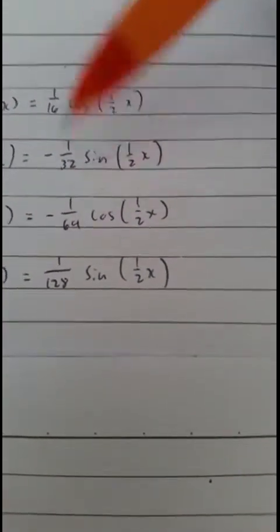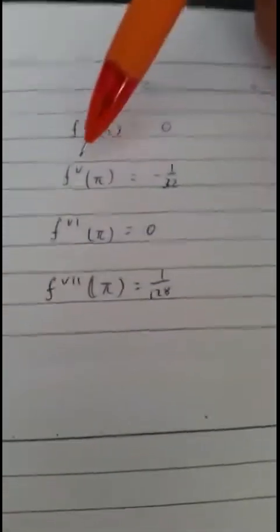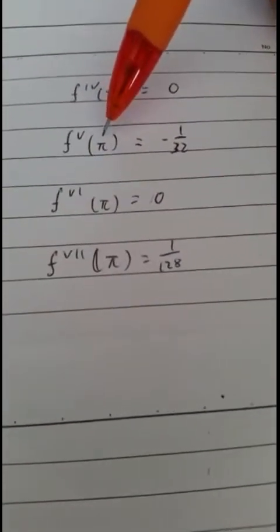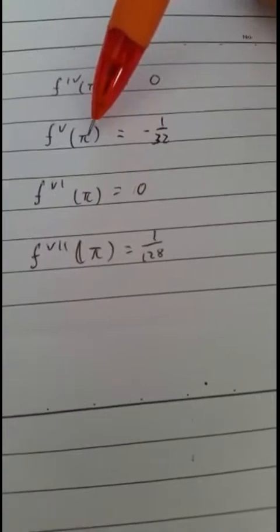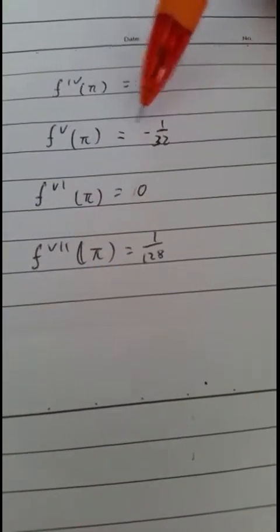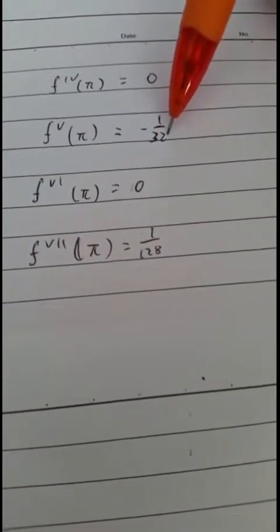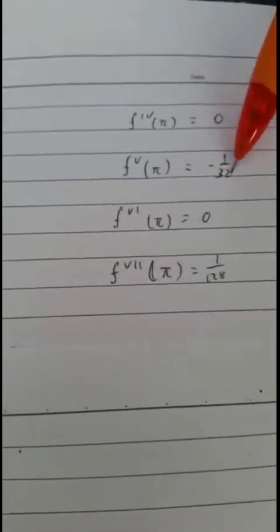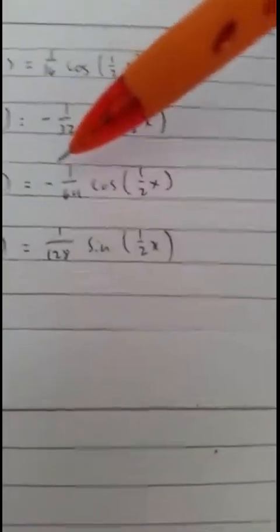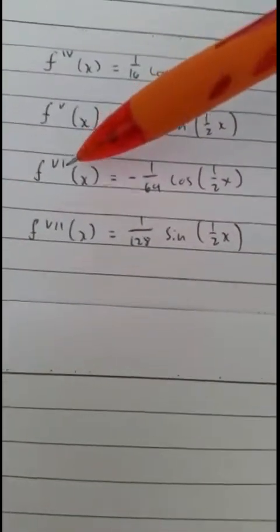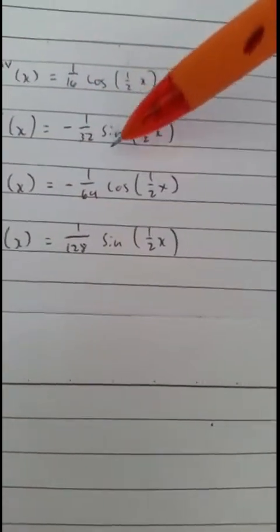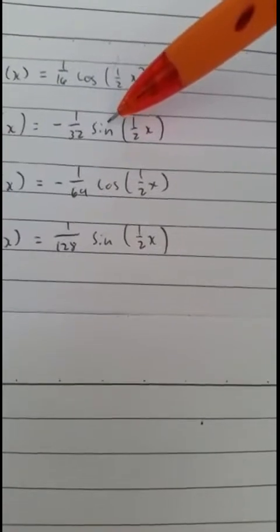us 1 over 32. The a value of this function when x is equal to pi gives us negative 1 over 32 if you press it on the calculator. Then the 6th term is the same.